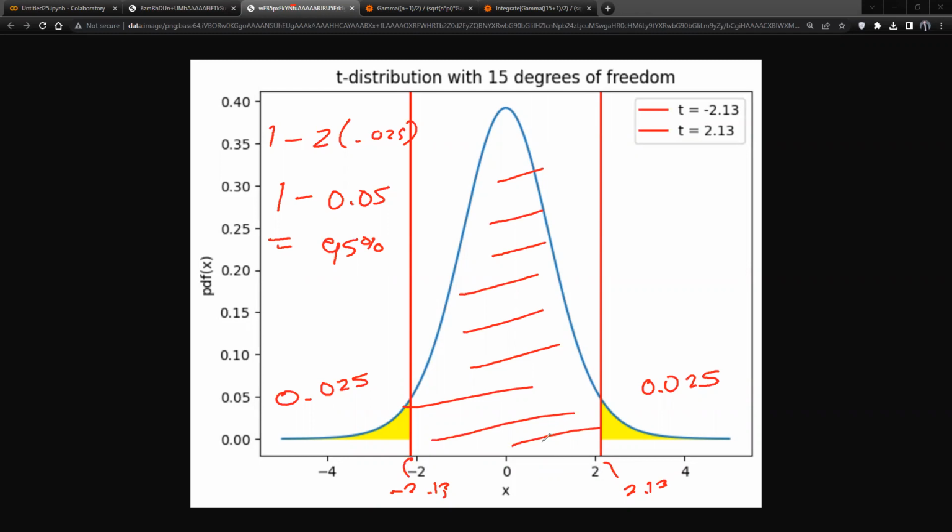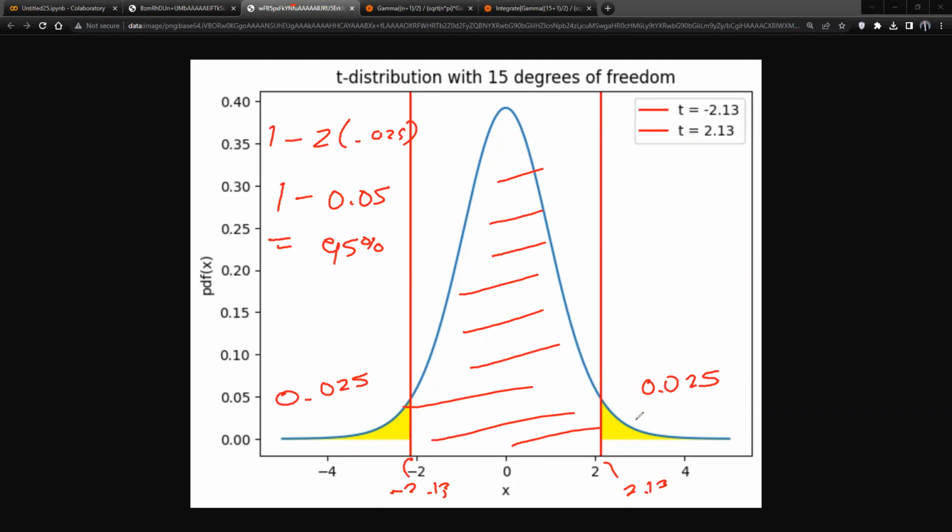Okay, so if my t value happened to land in this region in the middle, then it would be in what we would call the fail to reject region, given that we're doing a hypothesis test with a 95% confidence interval.